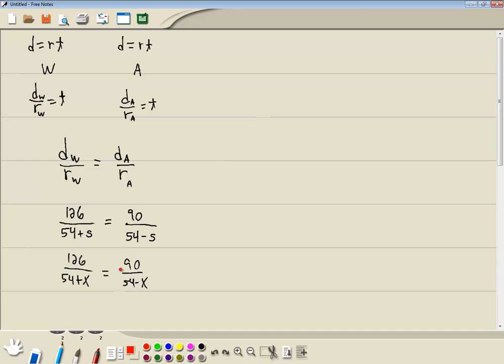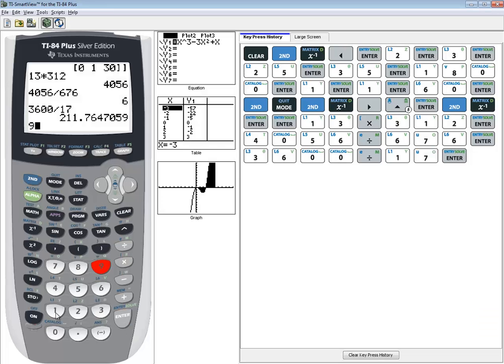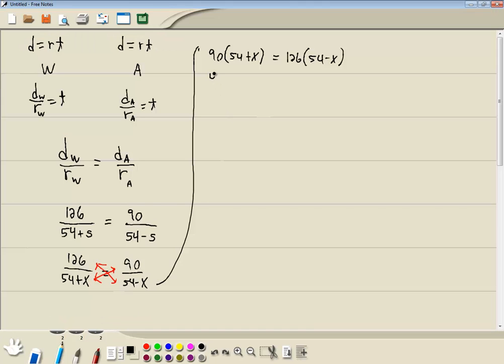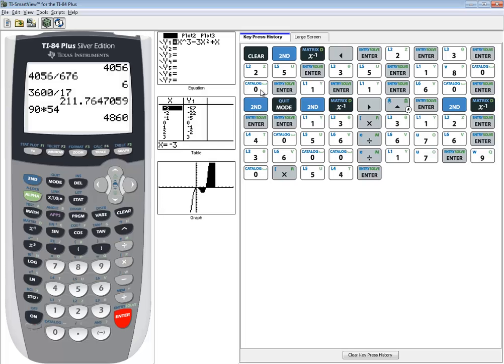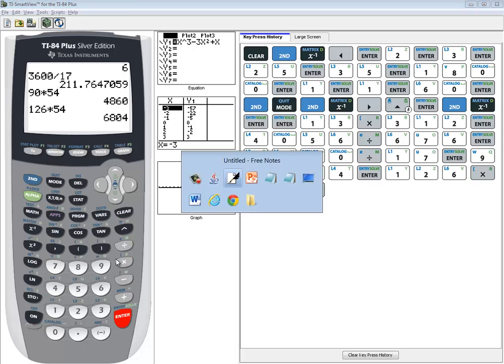Now this is a proportion, single fraction equal to single fraction, so I cross multiply. So we got 90 times 54 plus x equals 126 times 54 minus x. 90 times 54 gives us 4860. 90 times x is 90x. 126 times 54 gives us 6804.